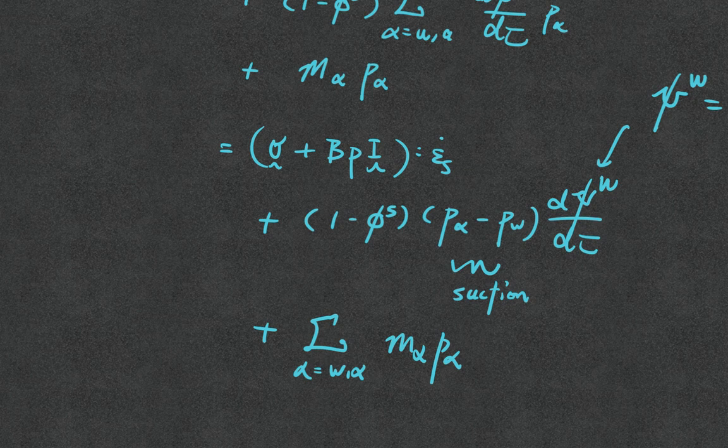So what actually happens is the following. We need to look at each of the conjugate pairs, and we have to consider each conjugate pair separately when we try to write the constitutive law.